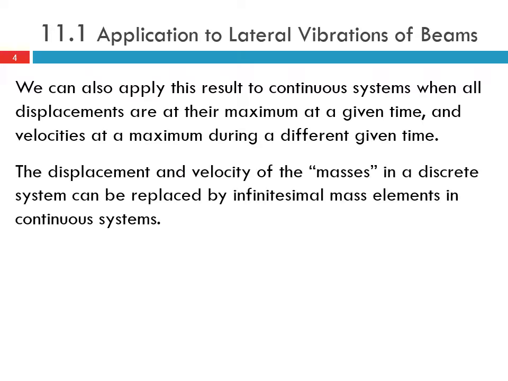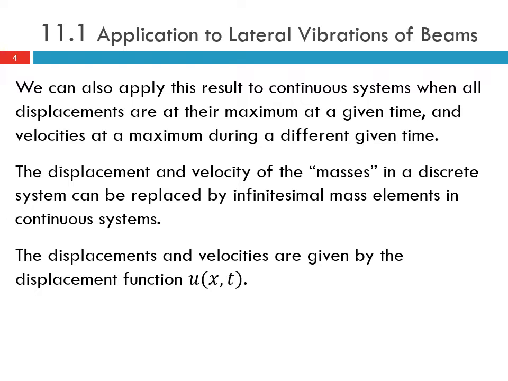So the displacement and velocity of the masses in a discrete system can be replaced by infinitesimal mass elements in a continuous system. The displacements and velocities are given through this displacement function, u of x and t.